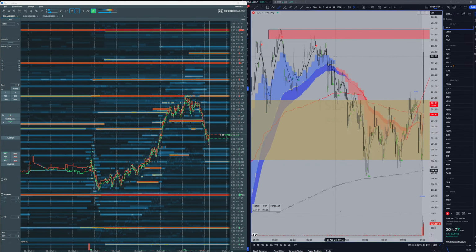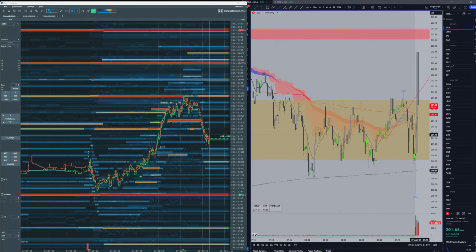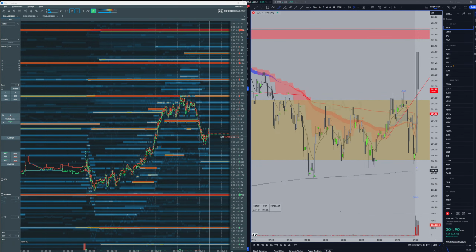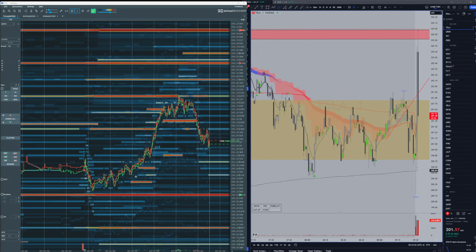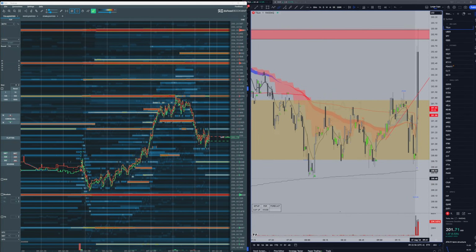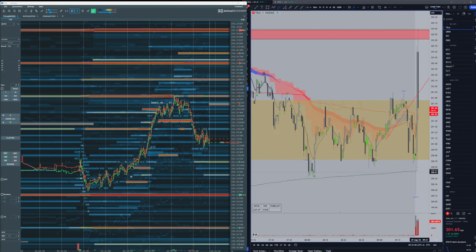And let's see if this now is going to be a short play, right? And reverse the position. So ready to get the short. Ready to short on Tesla.